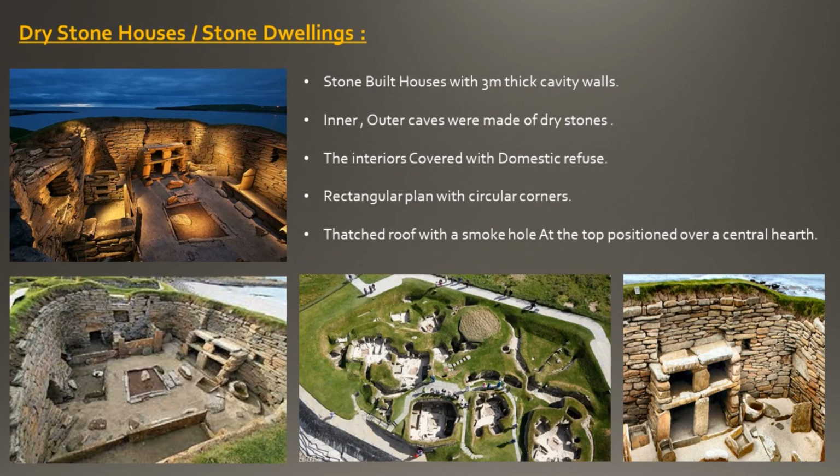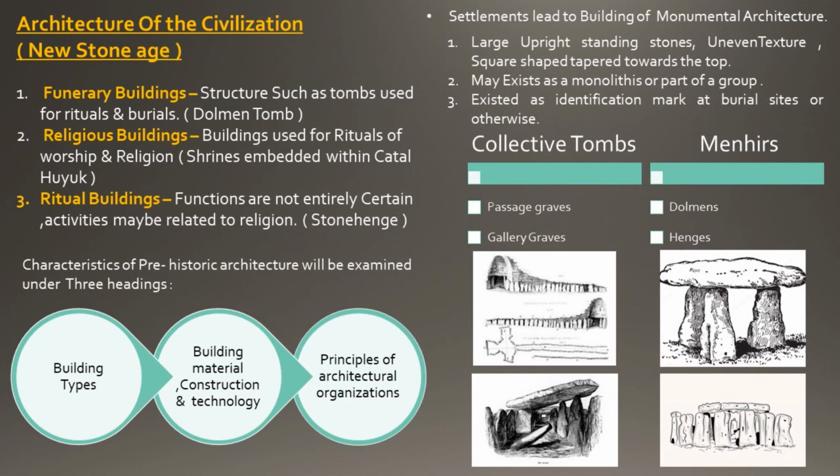Second, dry stone houses: stone-built houses with 3 meter thick cavity walls, inner and outer faces made of dry stones, interior covered with domestic refuse, rectangular plan with rounded corners, thatched roof with a smoke hole at the top positioned over a central hall. The Stone Age era developed three main types of buildings: funerary buildings, religious buildings and ritual buildings.